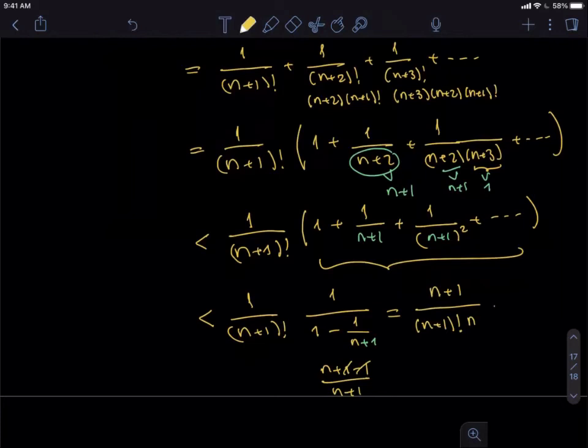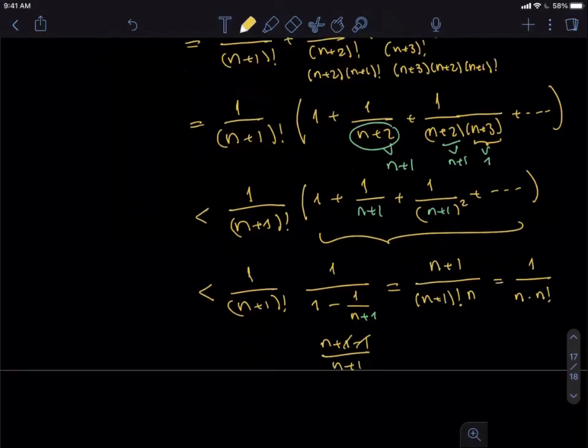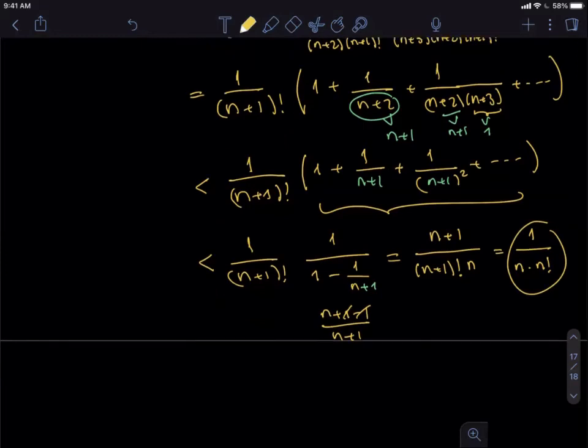Okay, but then I can cancel a little bit more here, and I get 1 divided by n times n factorial. You see I did this second estimate, the one that we see in green, because the result looks a little nicer. It wouldn't matter. Qualitatively, it would work the same way, but it's nicer written like this.